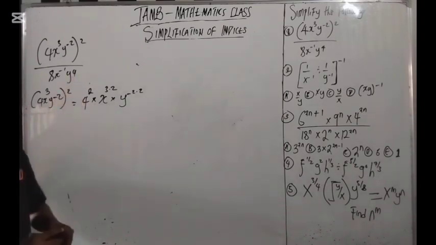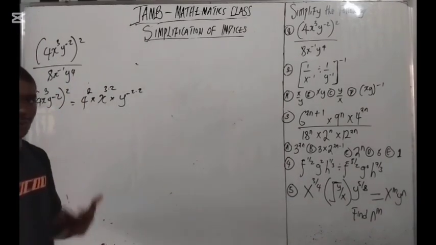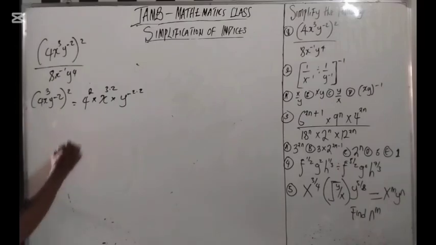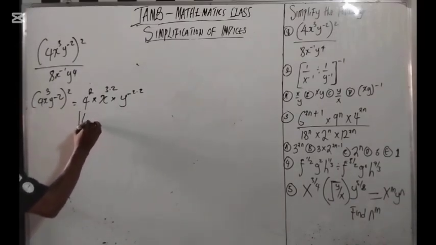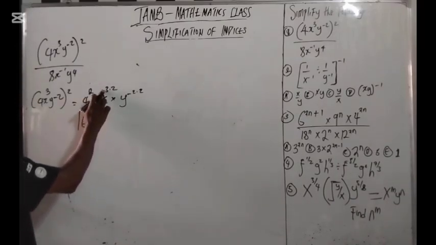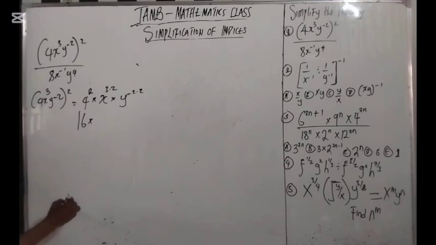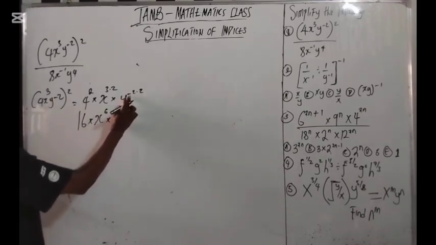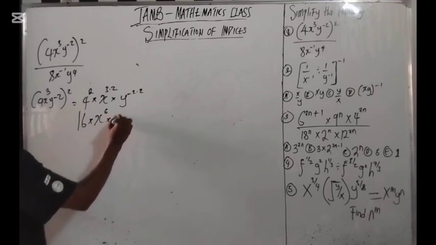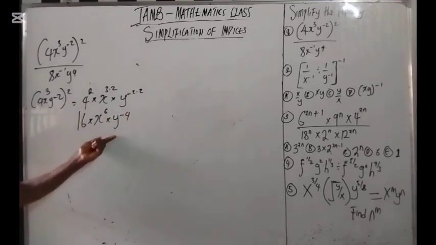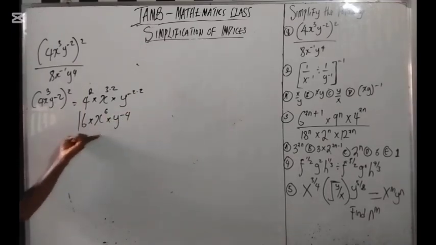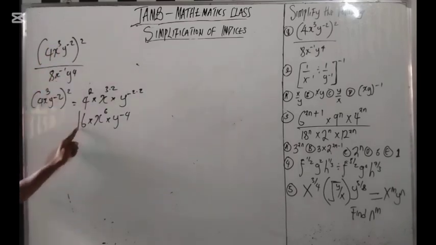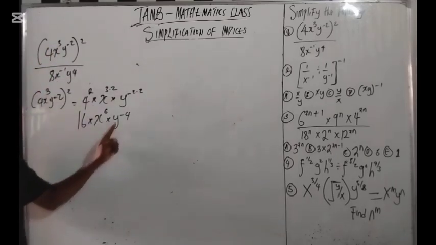So 4 raised to power 2 is 4 times 4, which is 16. Then 3 times 2 is 6, so it'll be x raised to power 6, and minus 2 times 2 is minus 4. So that is my numerator. If I evaluate it and break it down, I get 16x^6 y^-4.